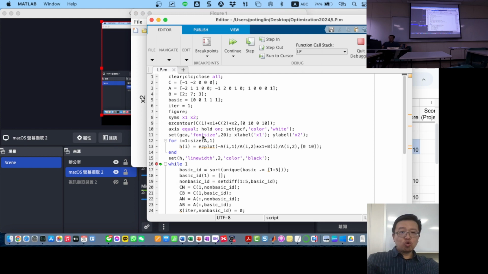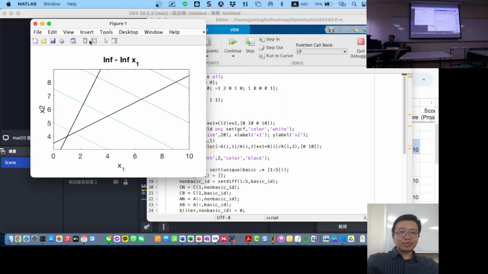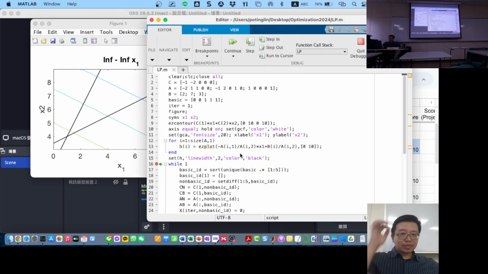So, why is that? The third function cannot be drawn easily because it's a straight line. The straight line, how do you draw the straight line?